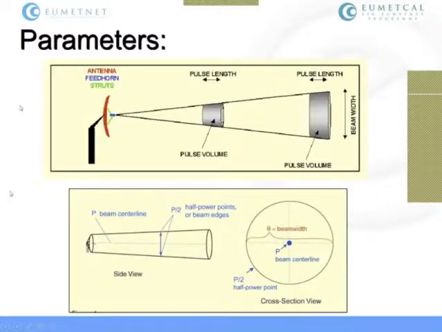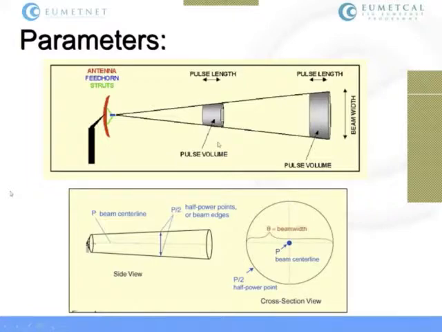We introduced earlier the radar beam. When the radar emits the electromagnetic pulse, it is illustrated here how this radar beam spreads as we go further from the radar.